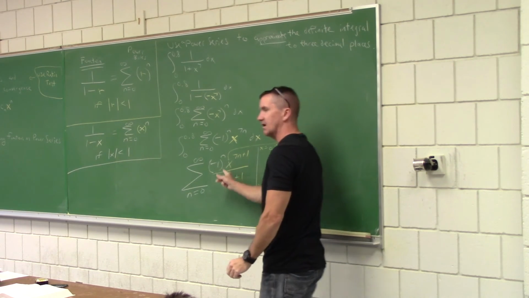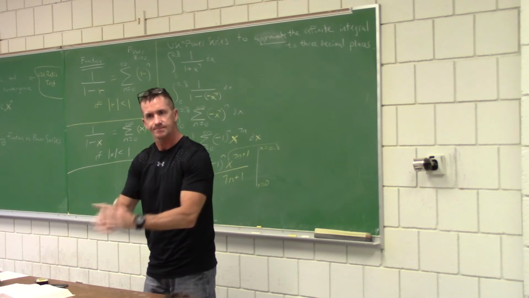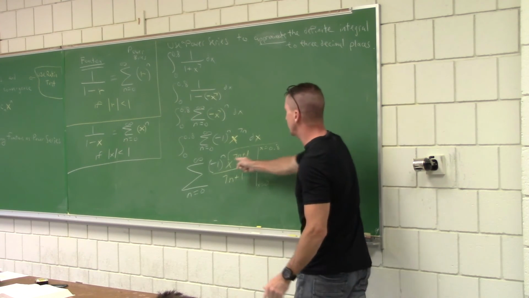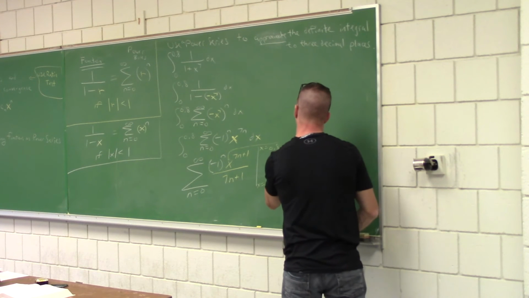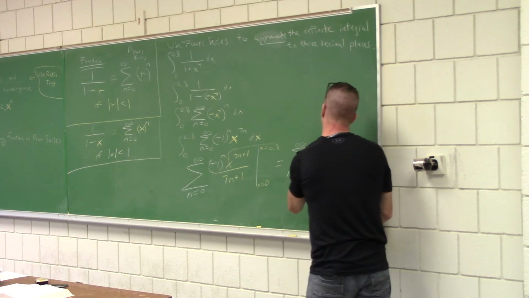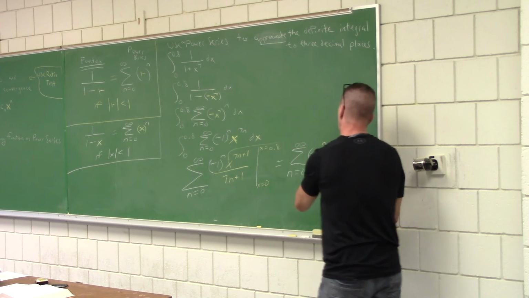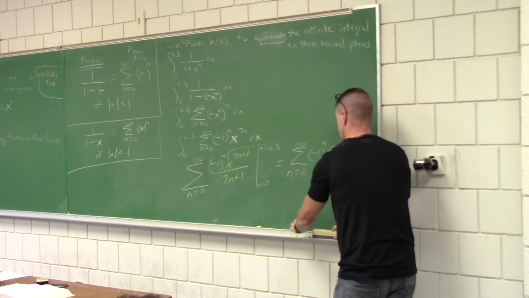You put that in there, then you put this in there, and what do you do with the two answers? You subtract. So what does it become? Summation n equals 0, negative 1 to the n. And what does this x become? 0.8, right?